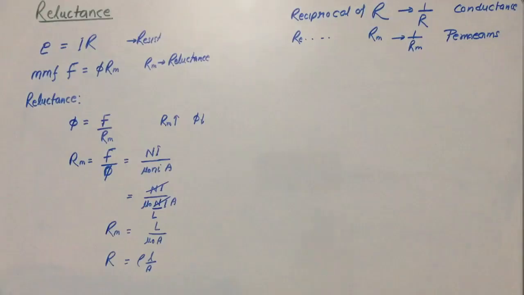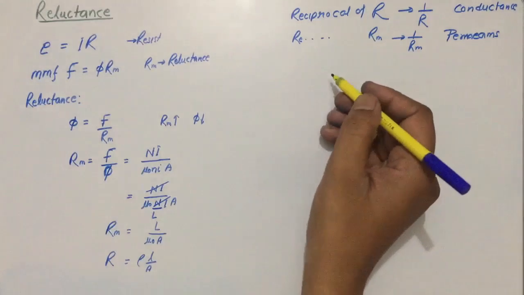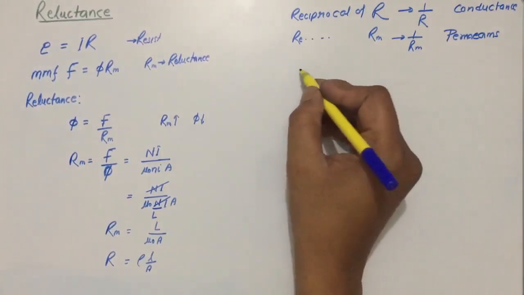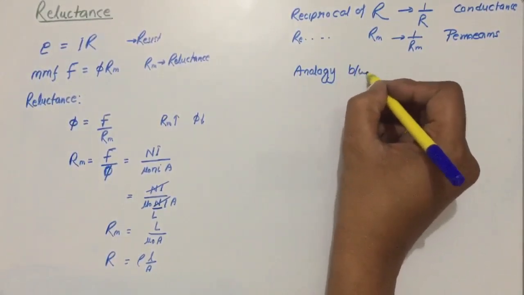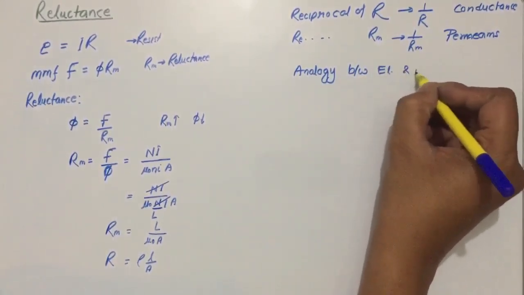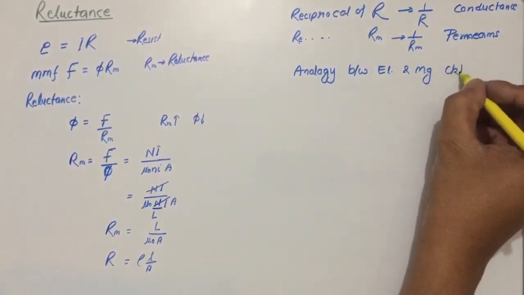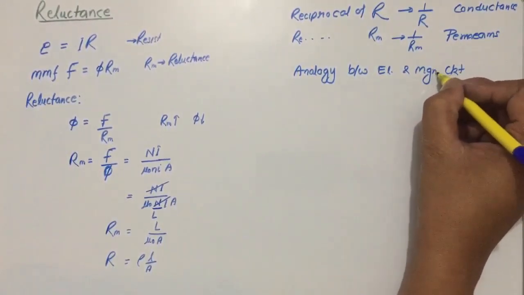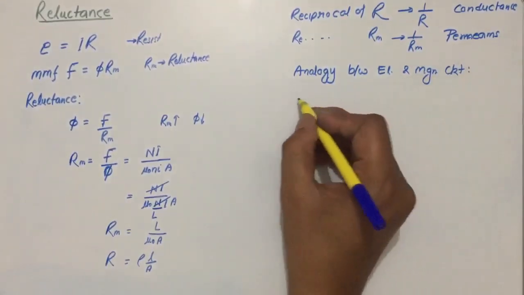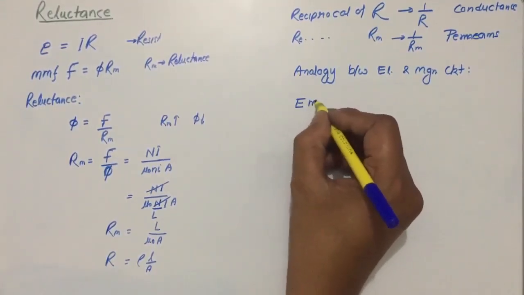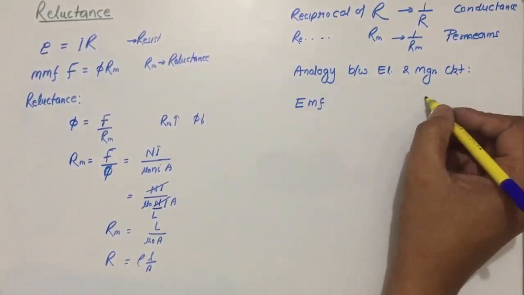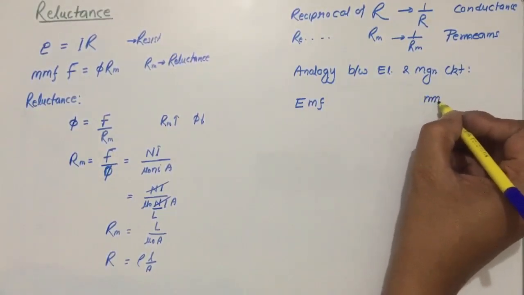In this way, if we try to find the analogy between electrical and magnetic circuits, then in an electrical circuit we have the EMF, whereas in a magnetic circuit we have MMF.